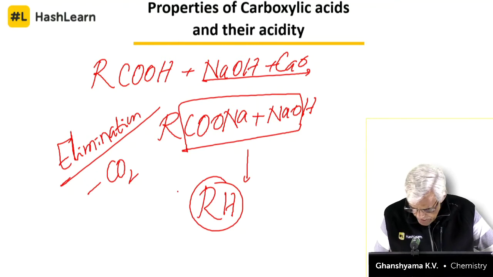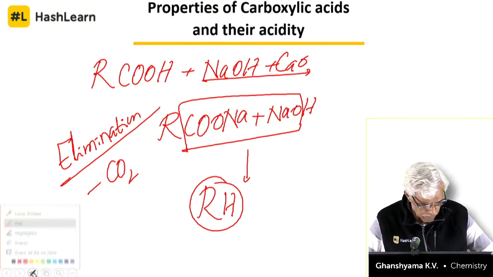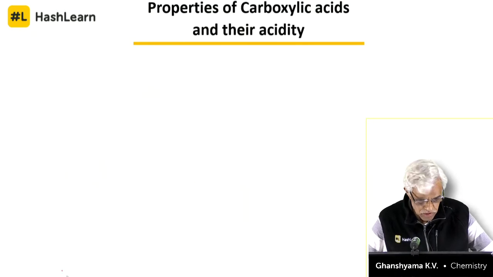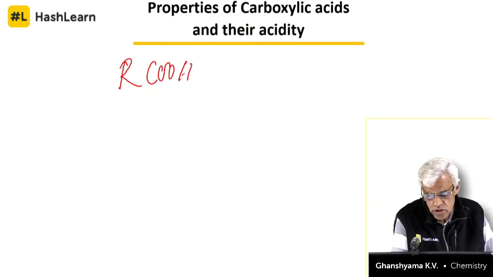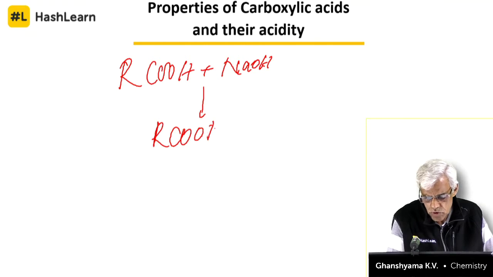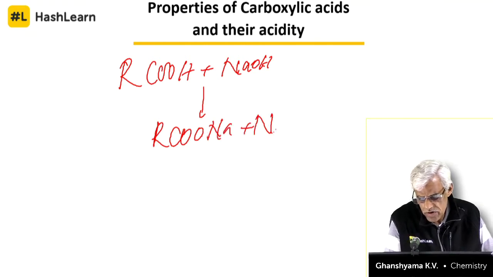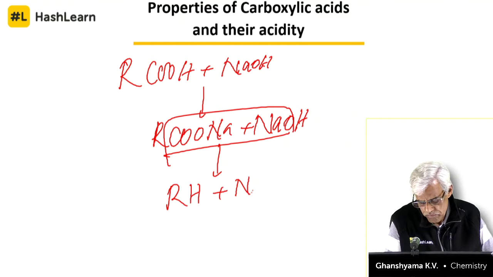Here I would like to ask you a question. The reaction is RCOOH plus NaOH gives RCOONa. This will react with NaOH to form Na2CO3 and RH.